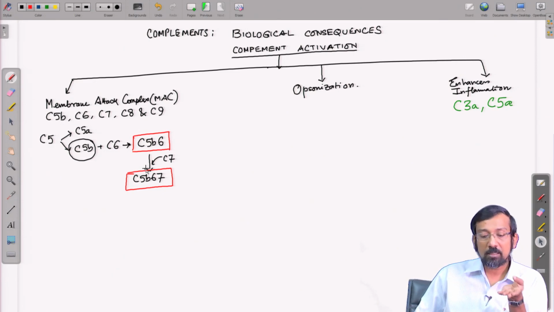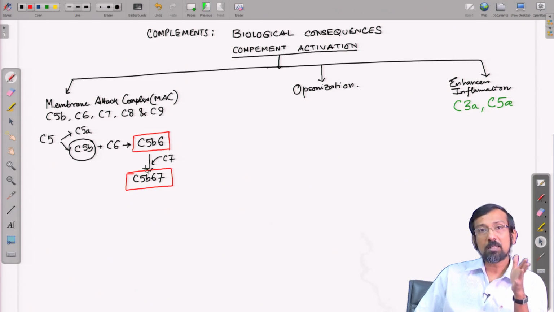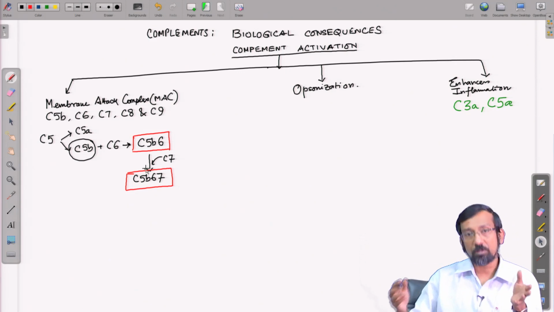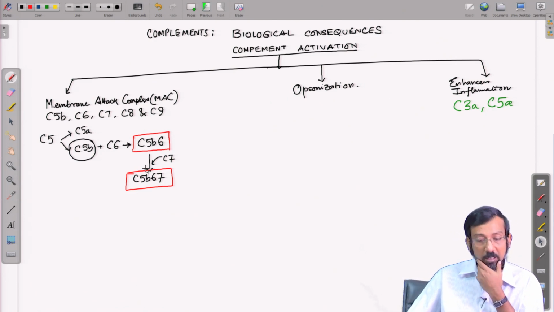Because as soon as this C5b6 complex binds to the C7 unit, there is a structural transition, a conformational change, as we normally call it in terms of structure.